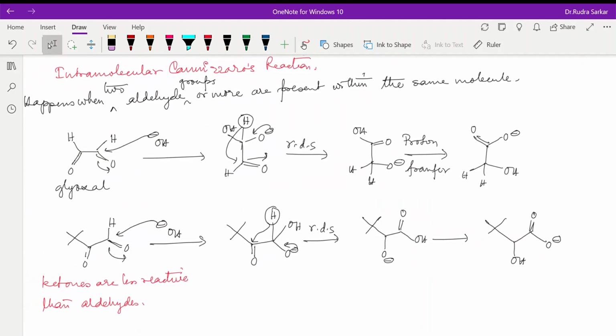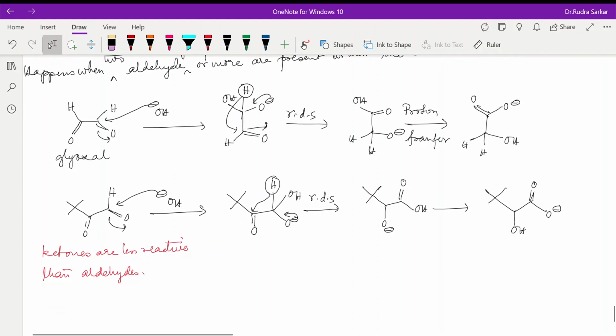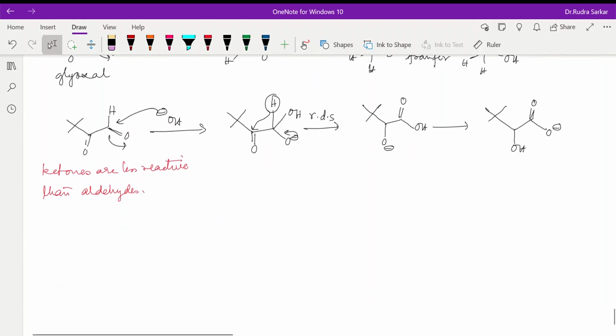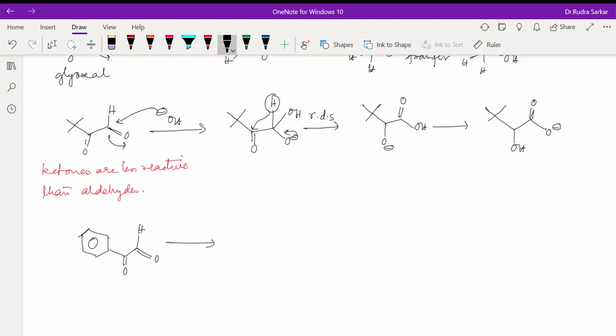So whenever a ketone and an aldehyde group are present, then we can always directly think that the aldehyde group gets converted to acid and the ketone will be getting converted to your alcohol. So you keep that principle in mind for such an example. Now this is your aldehyde and that is your ketone. So our answer will be what?